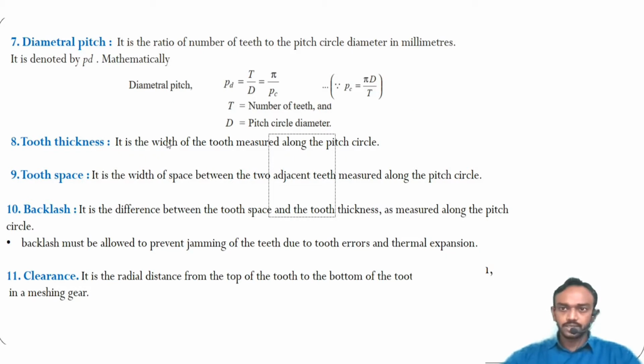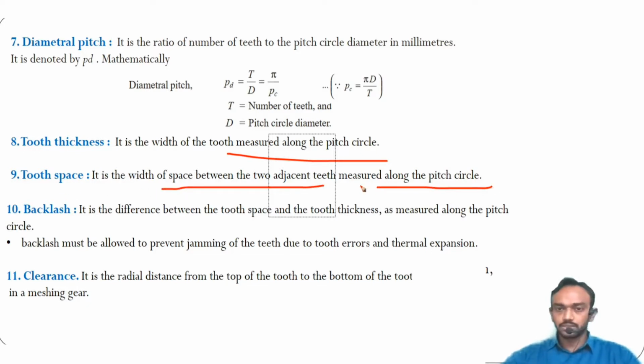Tooth thickness is the width of the tooth measured along the pitch circle. Tooth space is the space between two teeth along the pitch circle. Then there are backlash and clearance, which I have shown you in that animation.